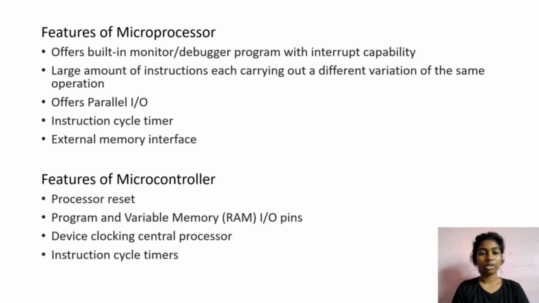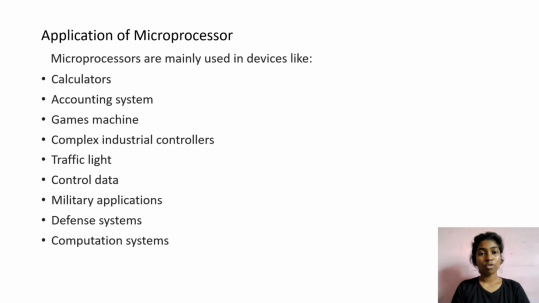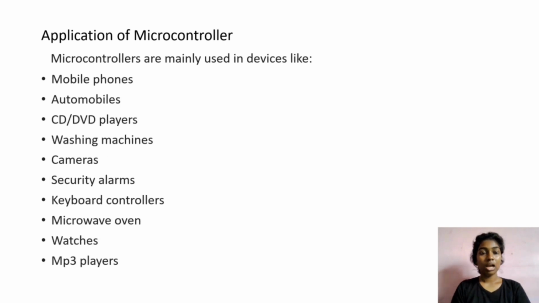Features of microcontroller are processor reset, program and variable memory, input and output pins, device clocking, central processor, and instruction cycle timers. Applications of microprocessor. Microprocessors are mainly used in devices like calculators, accounting systems, gaming machines, complex industrial controllers, traffic lights, control data, military applications, defense systems, and computation systems.